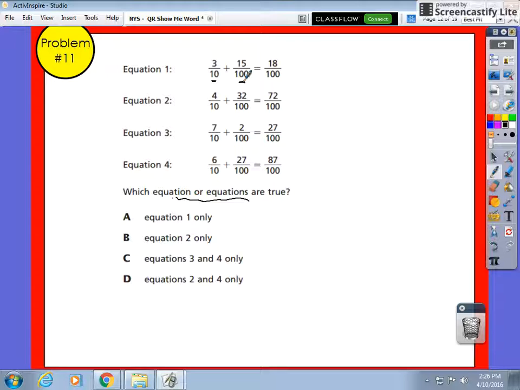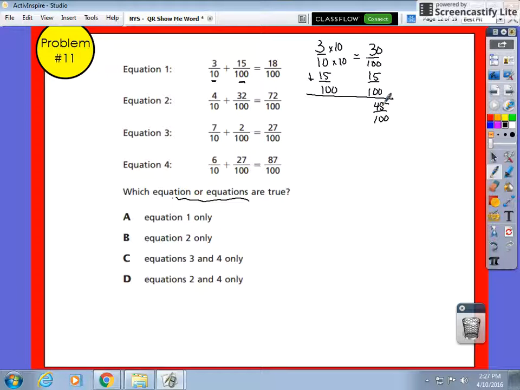If I didn't see that, I can say 3/10 plus 1500. I need to find a common denominator. I know that 10 times 10 will give me 100, so that is going to be my common denominator. I multiply this by 10, and I get 30/100 plus 1500 is going to equal 4500.